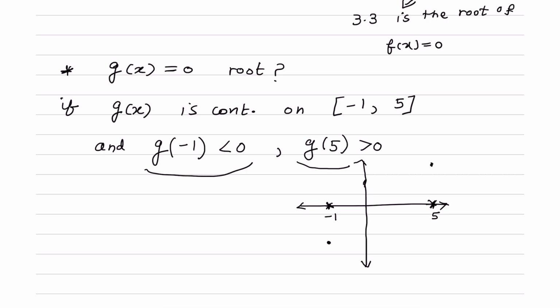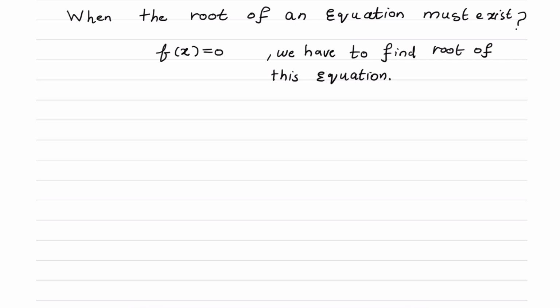So we have to join the point at -1 with the point at 5, because the graph is continuous. When we join the starting point with the ending point, we get a continuous graph. And you can see that this graph cuts the x-axis at this point. Let's say this point is 2.